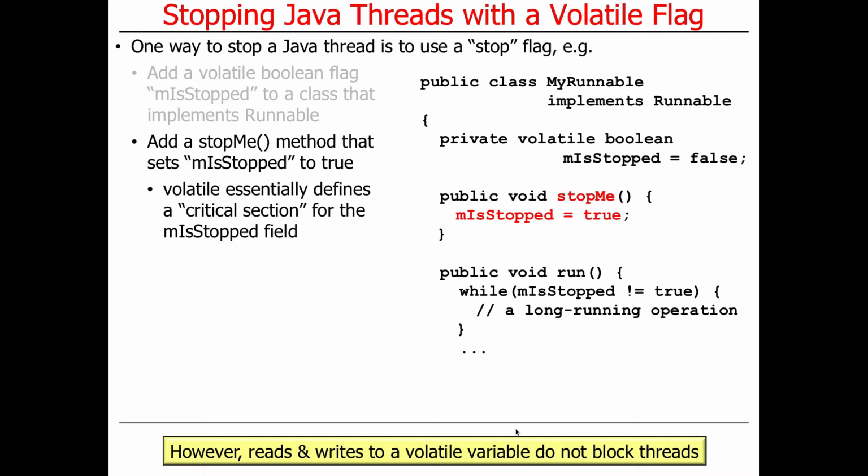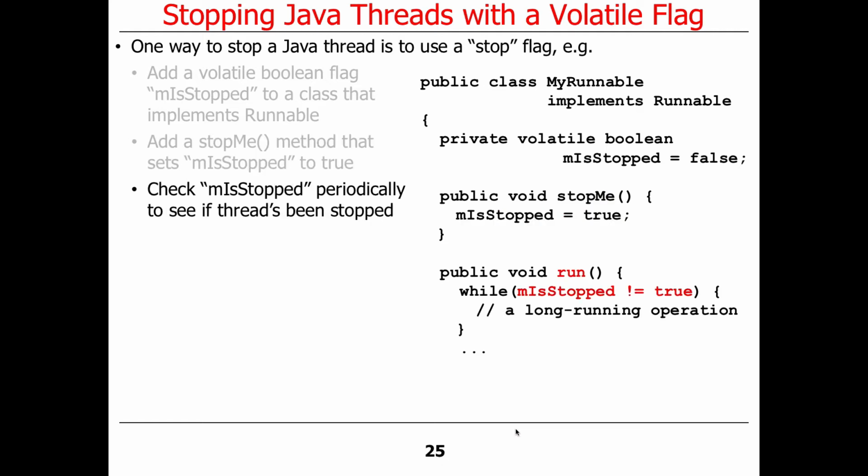Notice it started out as false. That essentially defines a data-centric critical section. It's kind of a funny term, but essentially reading and writing to mIsStopped is atomic. So it's sort of like a critical section you can assign true and false to in this case.